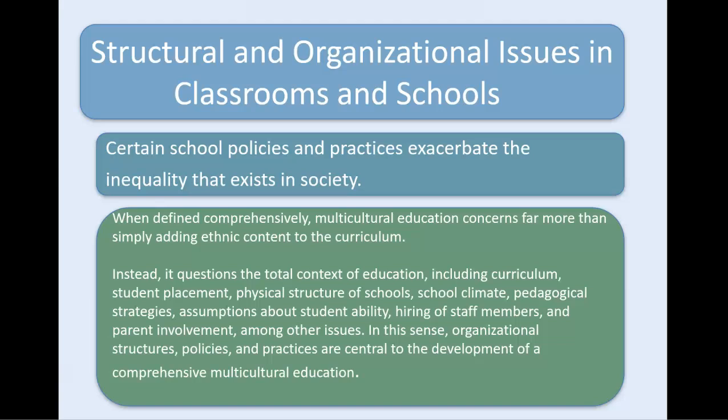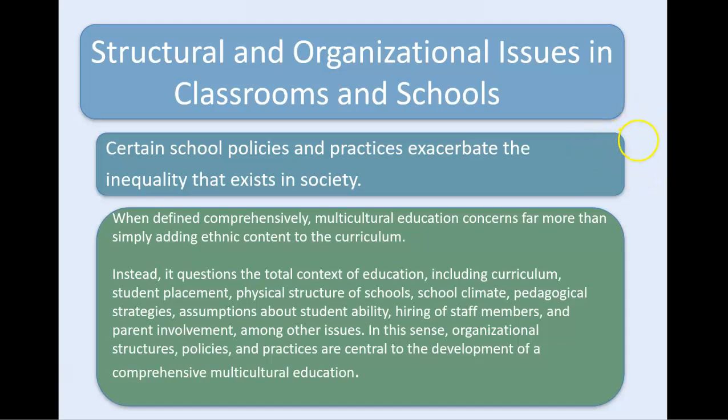In chapter 3, I think I'm still in chapter 3, we talk about different things that happen within classrooms and schools that lead to more opportunities for some children than others.